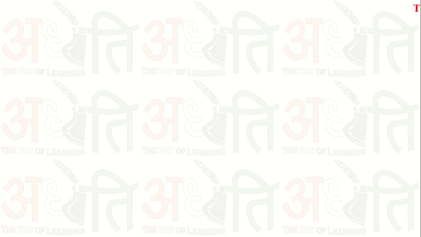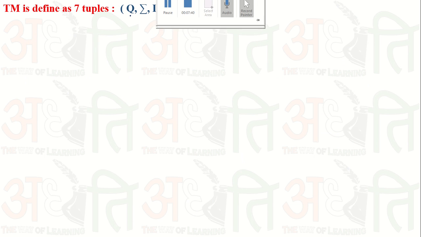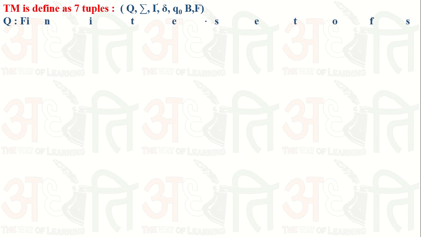Now we define it with the help of a 7-tuple. It contains 7 things: Q, sigma, gamma, the transition function delta, Q naught, B, and F. What does it mean? Q is a finite set of states, so in the machine there is a finite set of states.